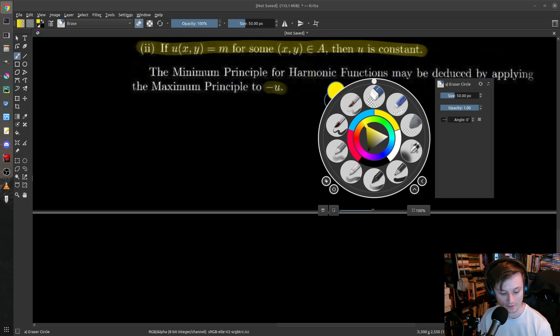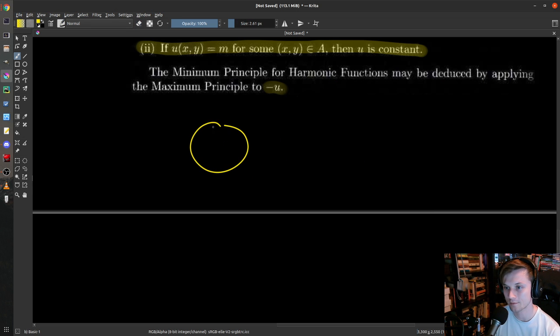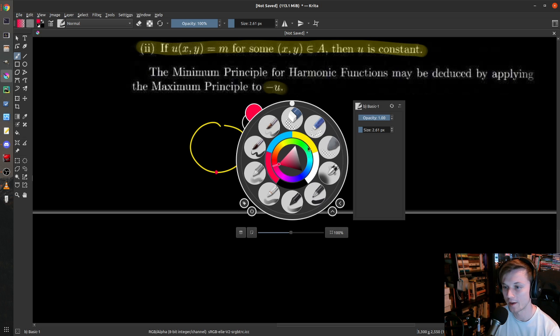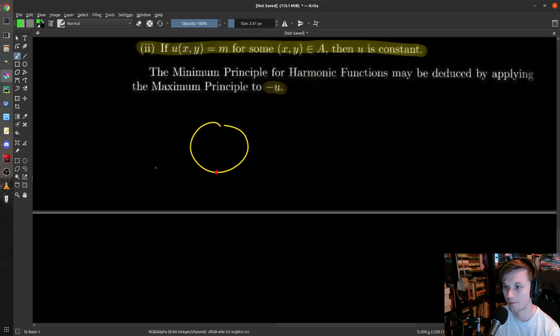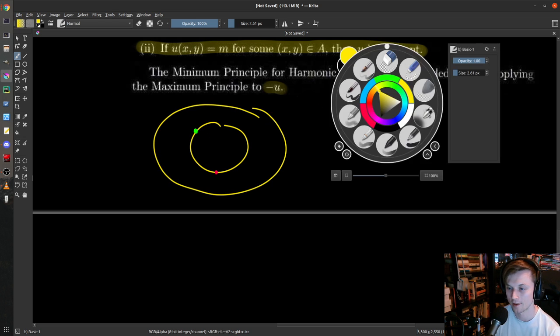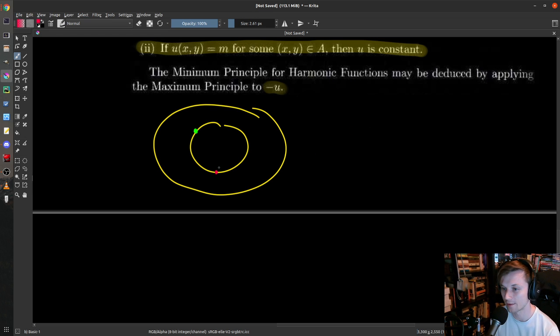That is, if you have, say, a given circle and we achieve our minimum here and our maximum here, then we could just draw a bigger circle, maybe. I mean, assuming we can, right? And these can no longer be the maximums or the minimums unless we're constant, because we have to achieve it on the boundary.